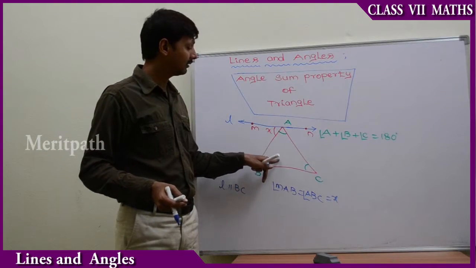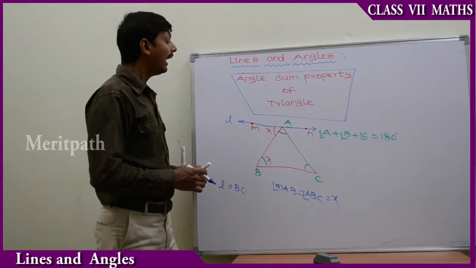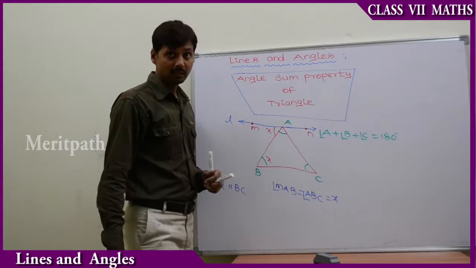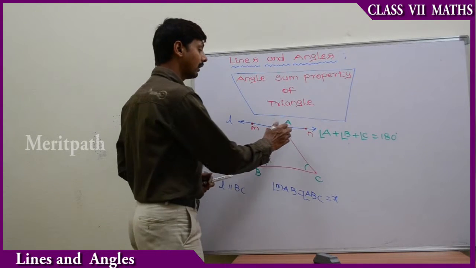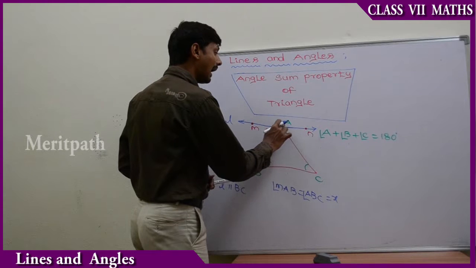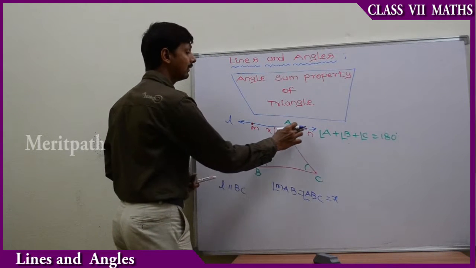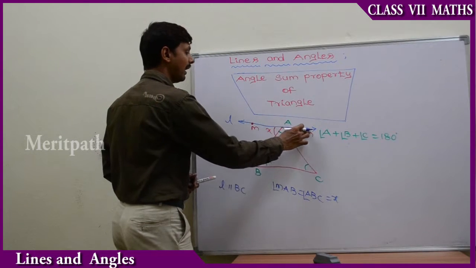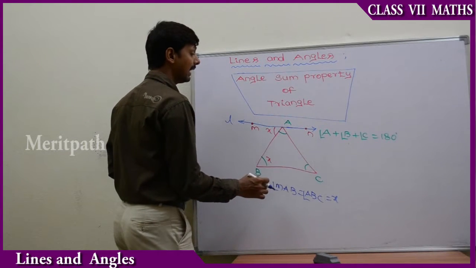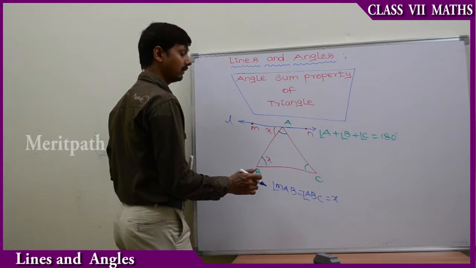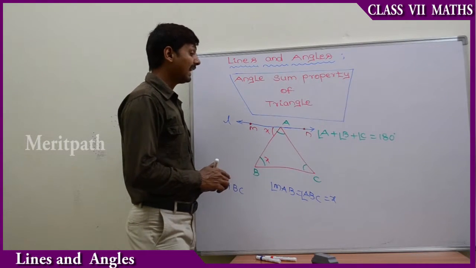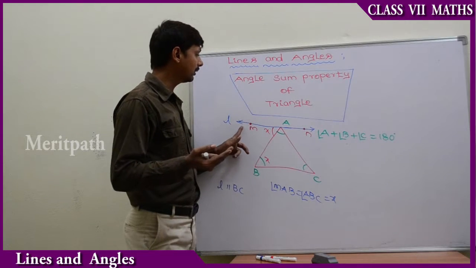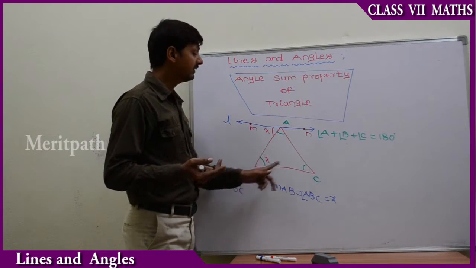So here x and this is also x is formed, and then if we consider BC and L as two lines and AC as a transversal, angle NAC and angle ACB. If we take the lines N and BC, they are parallel to each other, and N is a line and BC is another line.